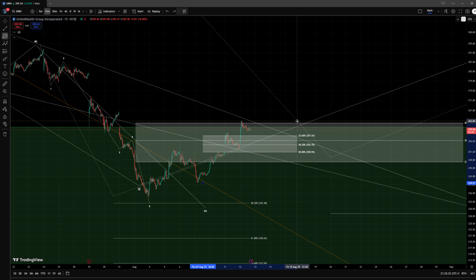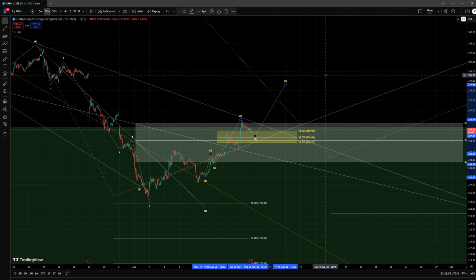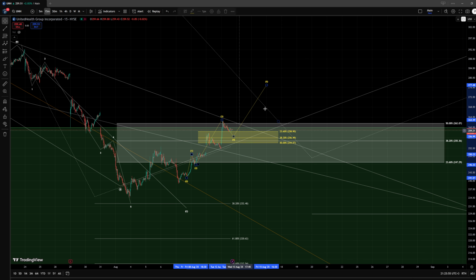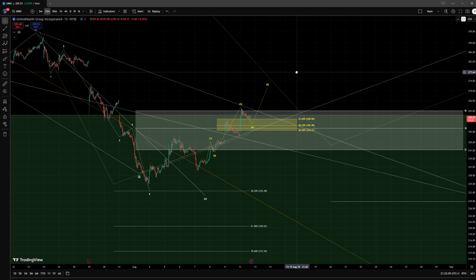A support zone for such a third wave would be from $258.9 down to around $254.6. I will also change this to yellow and add a small micro count in this area to indicate that we are looking for a possible wave 4 and a fifth wave reversal into this pattern to the upside.